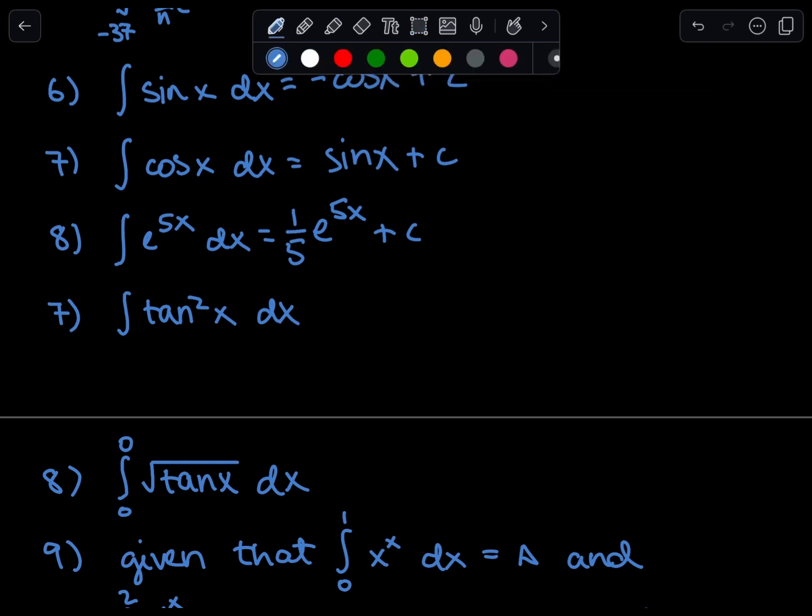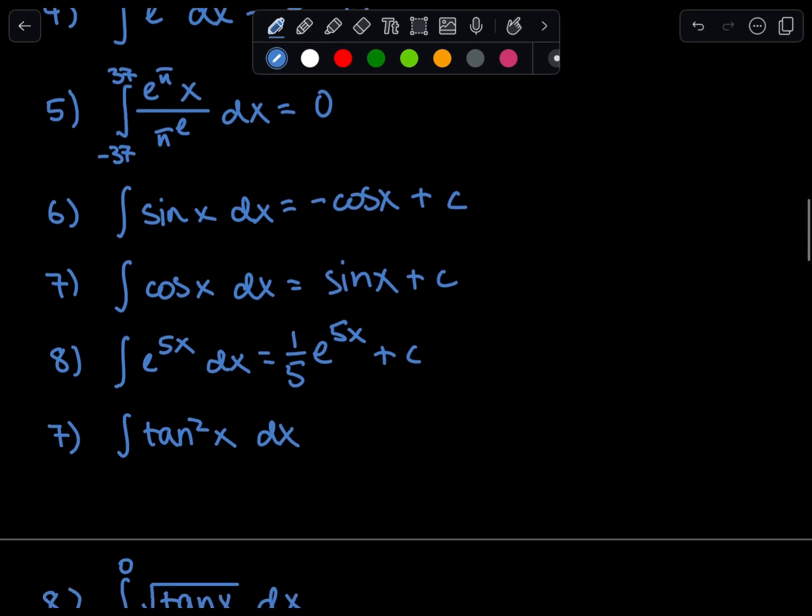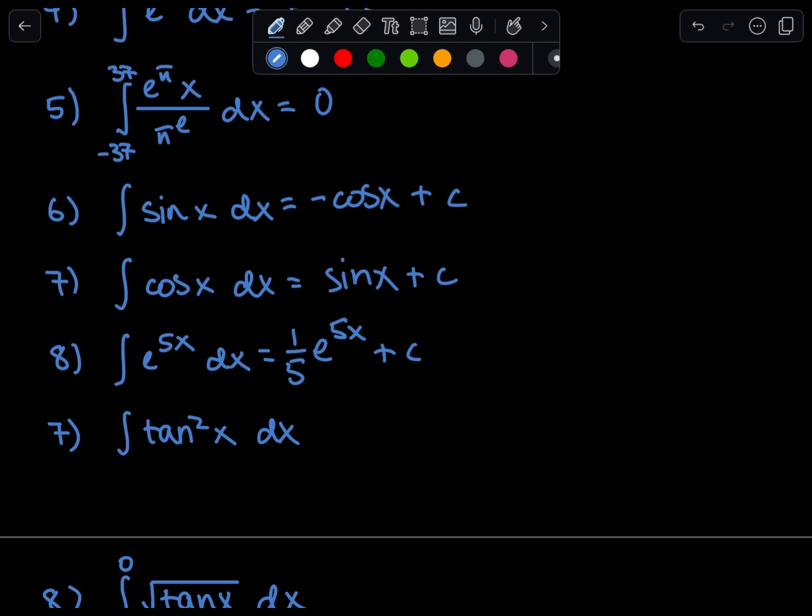So I'm going to derive the trigonometric identity myself since I don't want to use the formula booklet. But if you have a formula booklet with this trigonometric identity, you can, of course, use that without deriving it yourself.